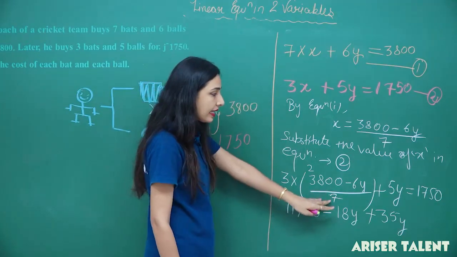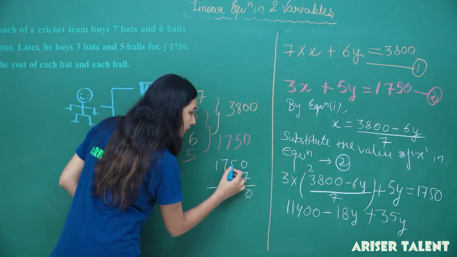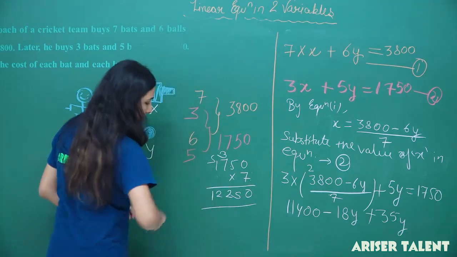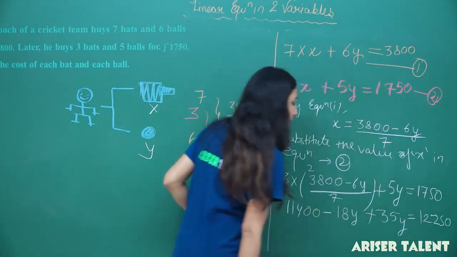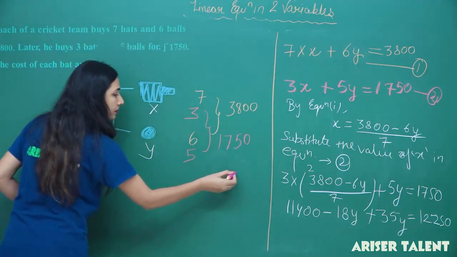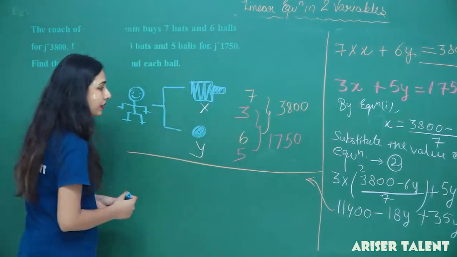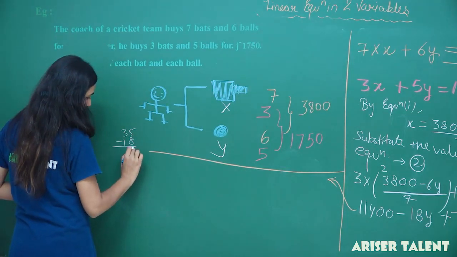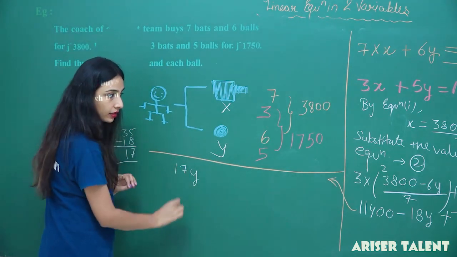Now the 7 will transpose there. You will multiply this 1750 by 7, that will be 12,250. Now on this side, that will be 35 minus 18, that is 17, so 17 of what?